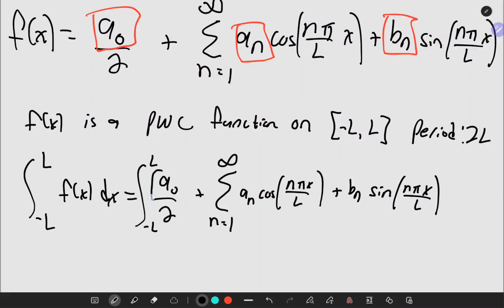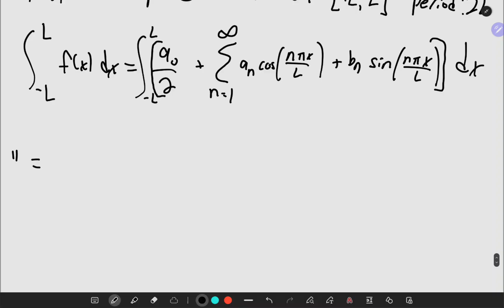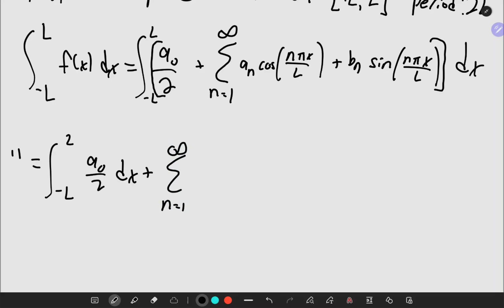Let me do this, dx, right? So what we can do, I'm just going to set equals, we'll have the integral of a naught over 2 dx plus the sum n equals 1 to infinity of a sub n.